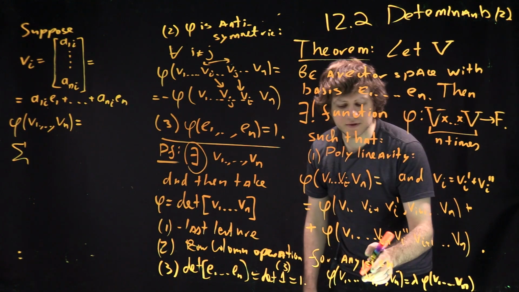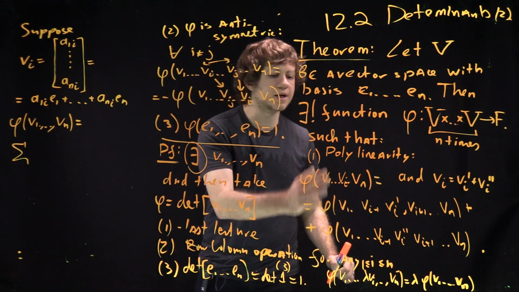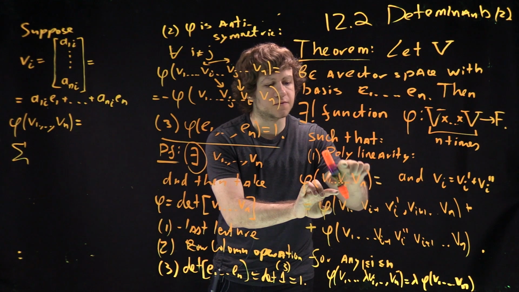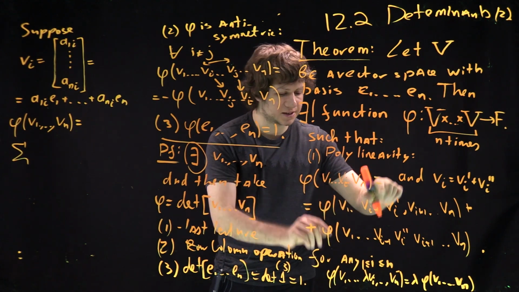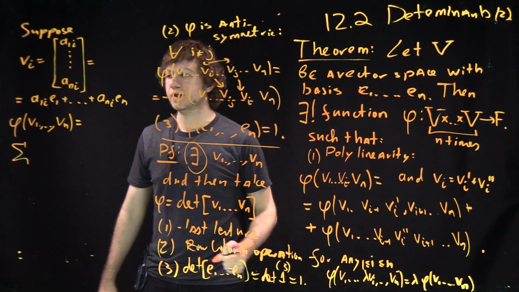So if you rescale one of the vectors, phi will multiply by lambda. Basically, if just one argument is varying whereas the others are fixed, then phi is a linear map from V to F. So that's why it's called polylinearity.